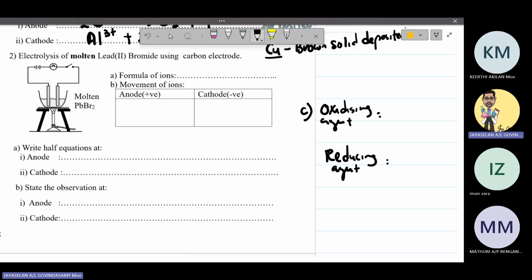Okay, tambah soalan C. Saya bagi kamu 3 minit dari sekarang. Leburan plumbum(II) bromida menggunakan elektrod karbon. We try to finish up until factor 1 today.